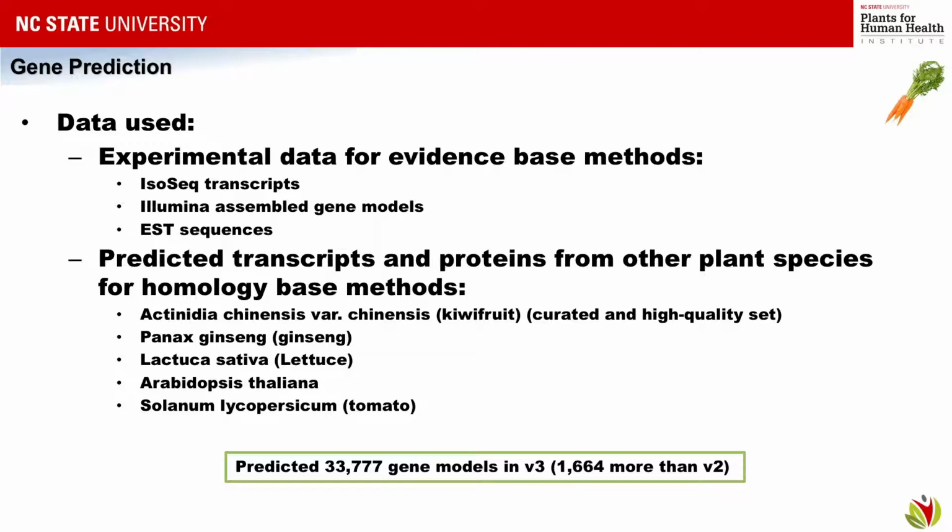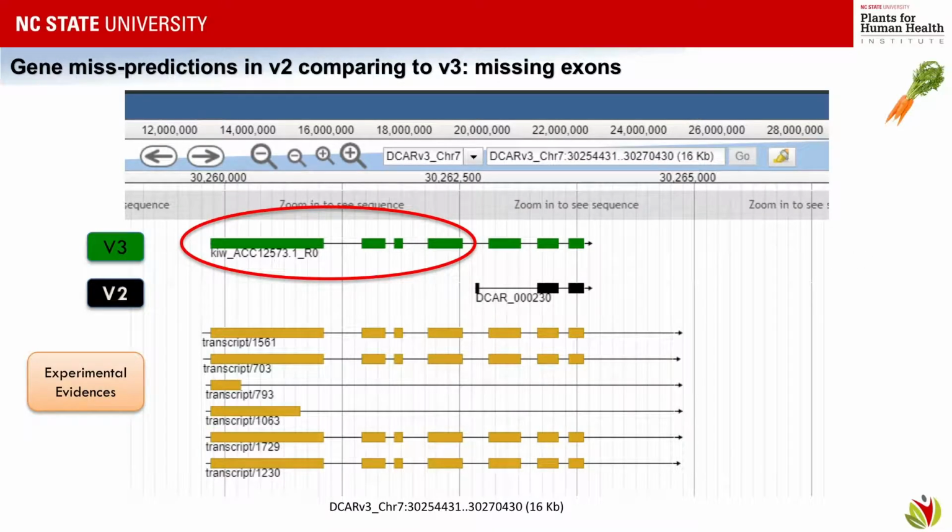I went through, I can say, around 4,000 to 5,000 gene models for validating and doing a couple of verifications of the gene models. And what I was facing, and not really looking for, came up when browsing the genome browser. As an example here, this is the gene model predicted on the new genome, V3, and this is the old version, the previous one that we had, and these are the experimental data.